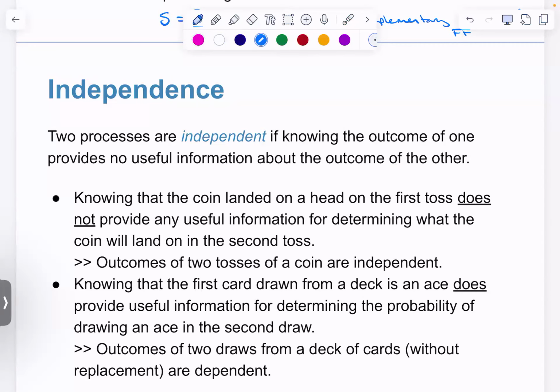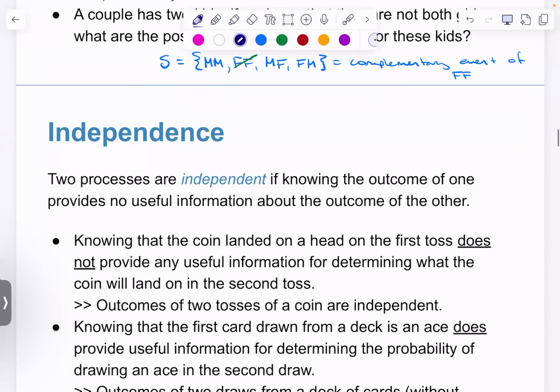So independence is about the probability. And the probability of an outcome is not influenced by what's happened in the past, right? Flip a coin, flip a coin again, they're all independent and the probability never changes.